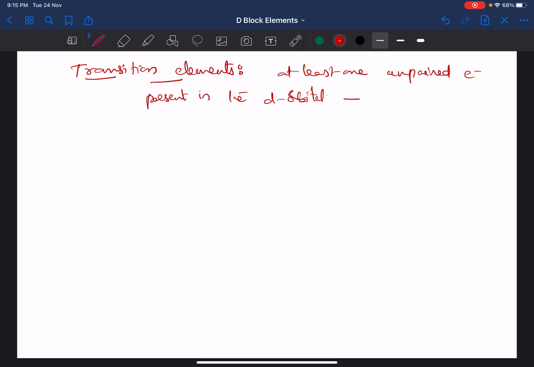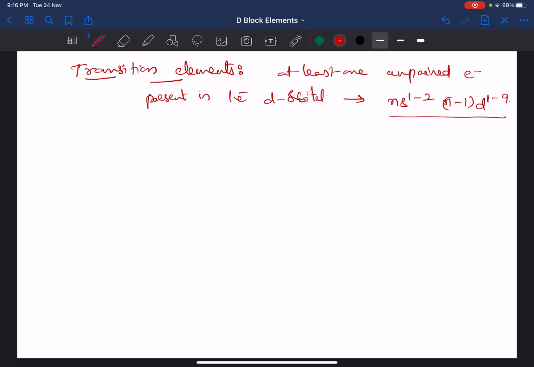So for these transition elements, the electronic configuration can be written as ns1 to 2, (n-1)d1 to 9. That means the d10 configuration is completely filled, so it is incomplete filling of d electrons. So it is (n-1)d1 to 9, the general electronic configuration of the transition elements.